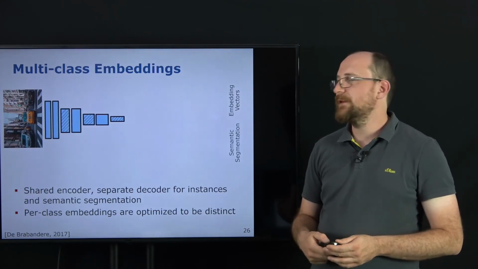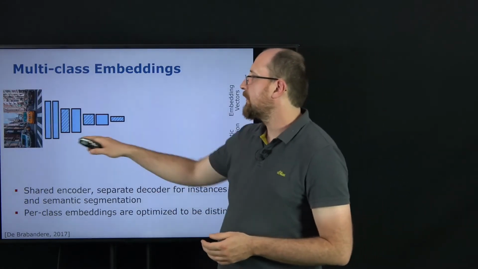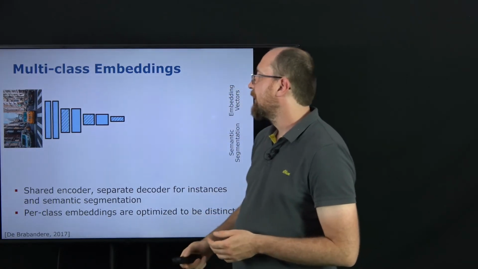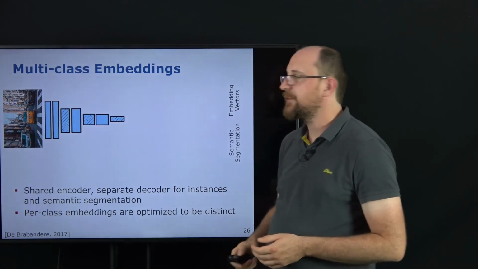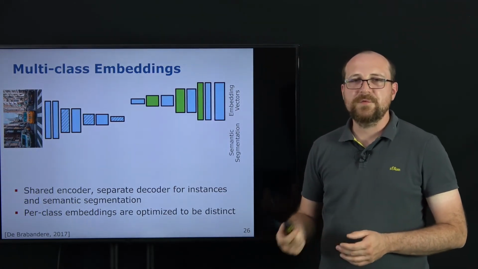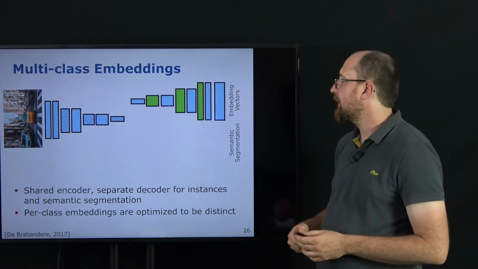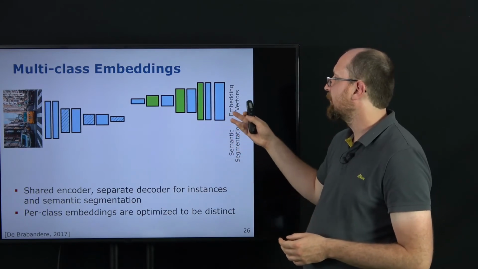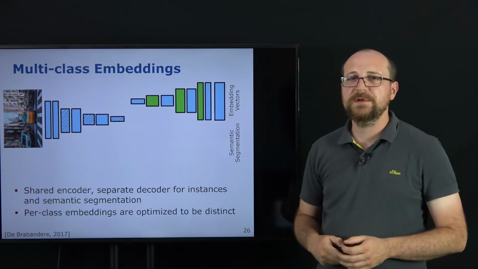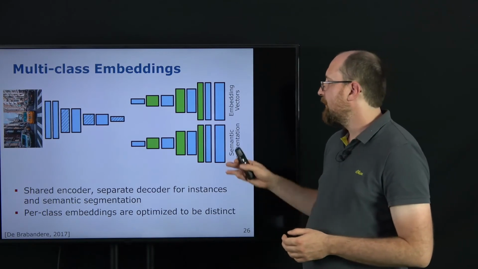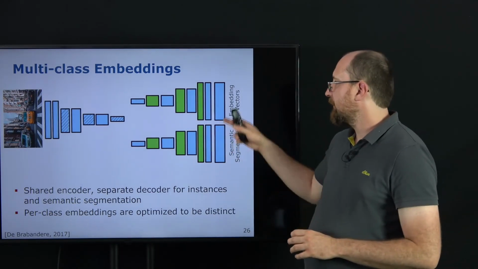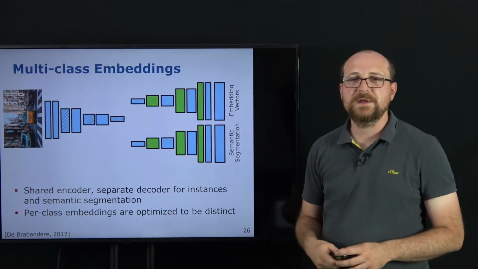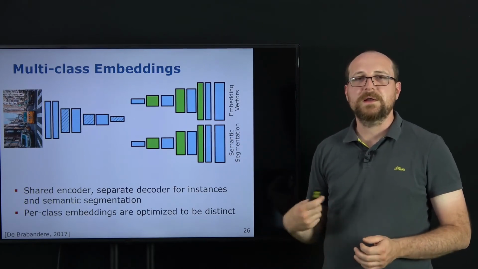Here the idea is to use one encoder on the input image, and the encoder in this case is again with strided convolutions in between. And then we have 2 decoders, one decoder that produces the embedding vectors in the end, and one decoder that produces our semantic segmentation. Then both together, the semantic segmentation and the embedding vectors, can be used to cluster the instances of a specific class.